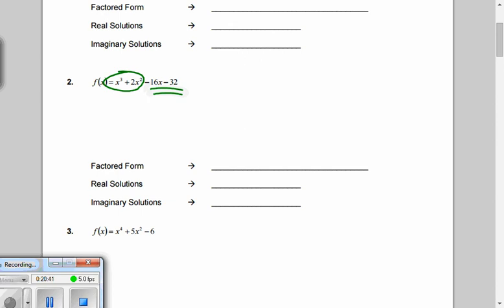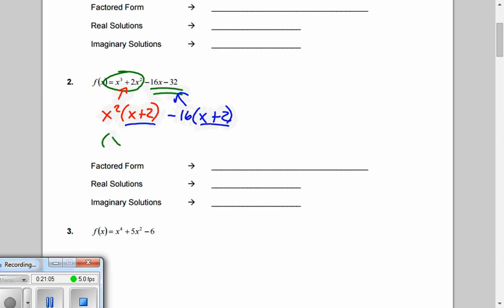Here's how it should have gone. X squared comes out of both of those. And then you have x plus 2. On the right side, what comes out of both of them? I would take out negative 16. And then you'd have x plus 2. Why did I do it that way? So that that would match that. Now those can go to the front. And I'll put my final answer in green here.